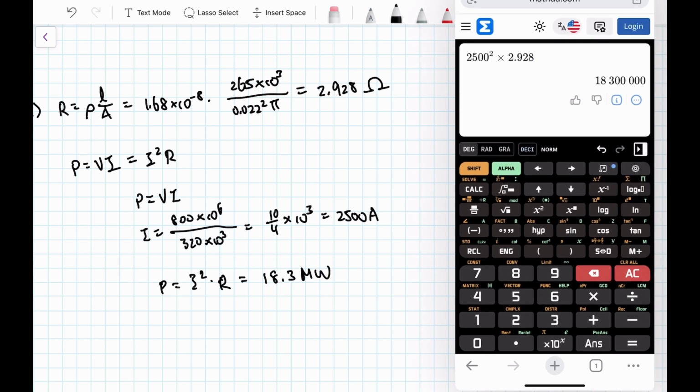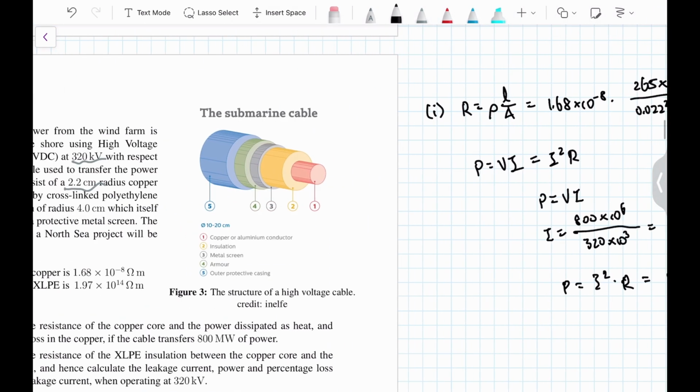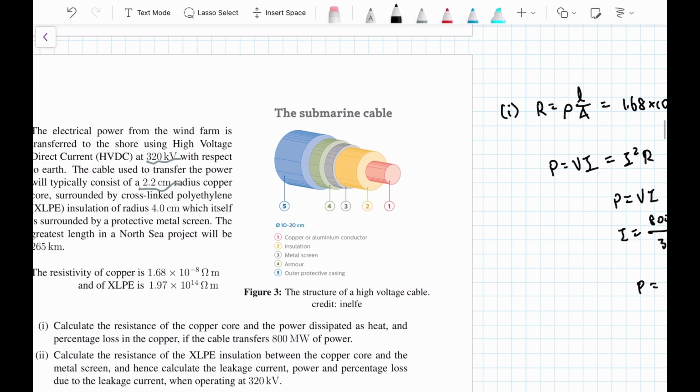And then the question wants us to calculate the percentage loss.